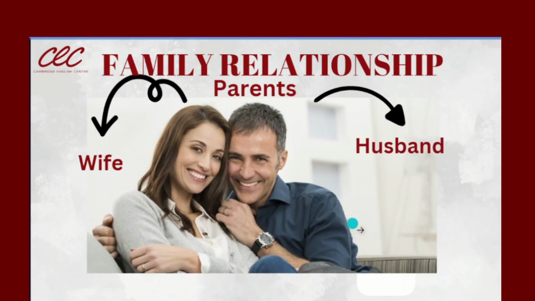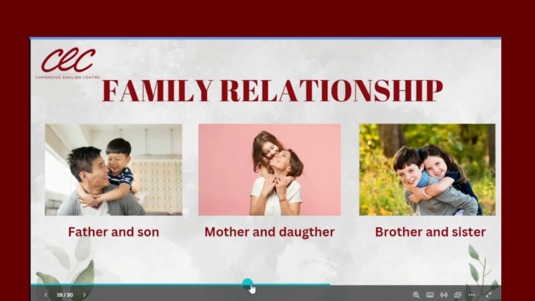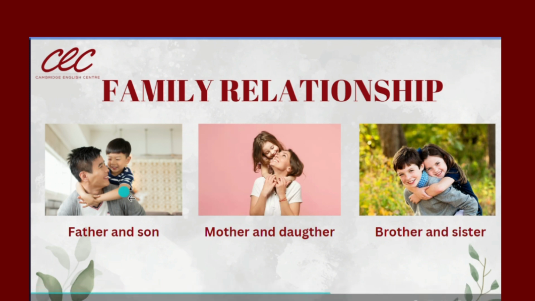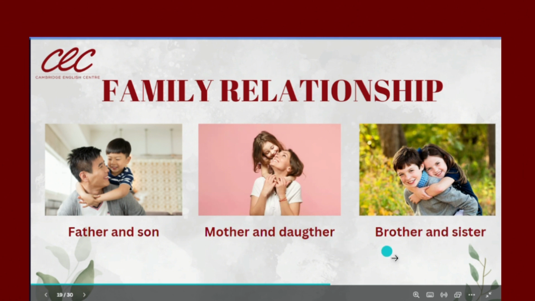Now, let's continue. We can also have in a family relationship a wife and a husband. This is the wife, this is the husband, okay? Let's see more of these family relationships that we can find. We have here a father and a son, right? We can also have a mother and a daughter, and we can have brother and sisters.